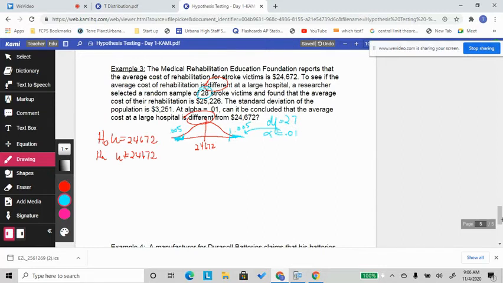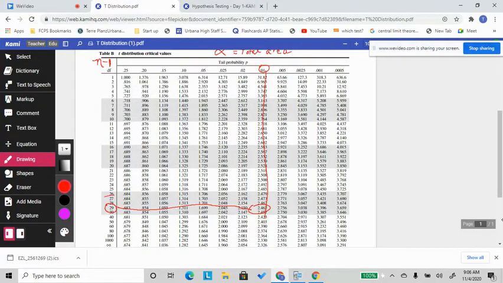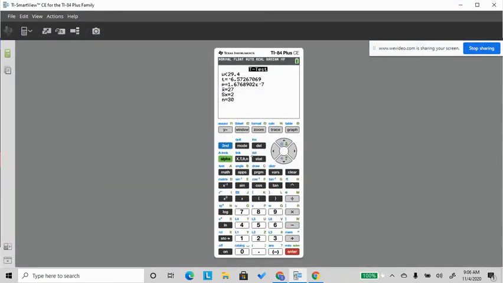That's what you're going to look up. So you either go to the T chart and go to 27 and 0.005 and get it, or you're going to go to second bars and go to inverse T, 0.005 and 27, and get it there.